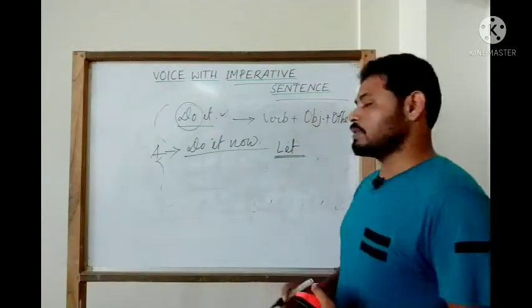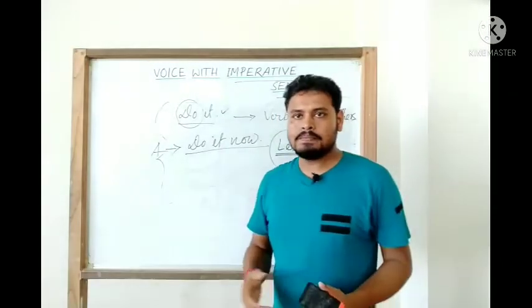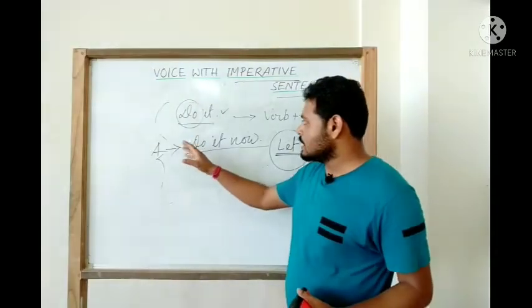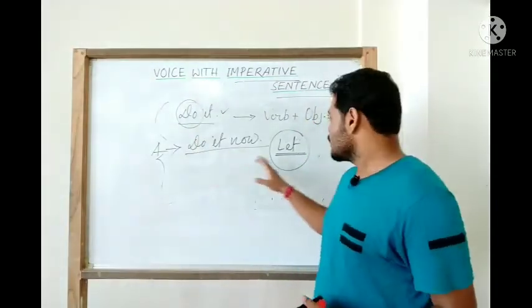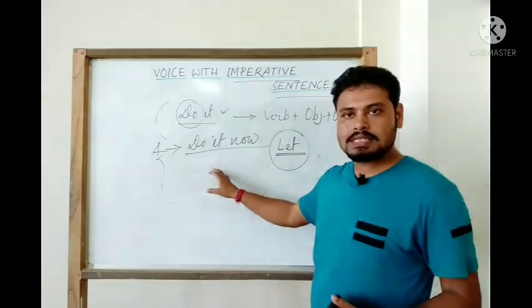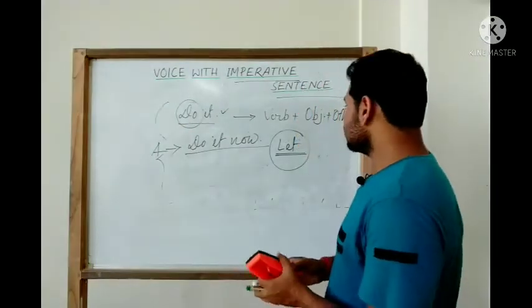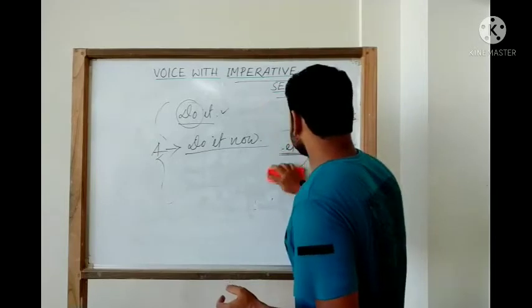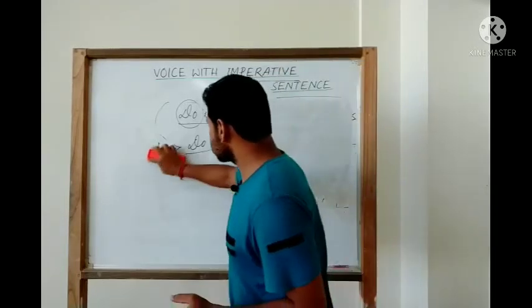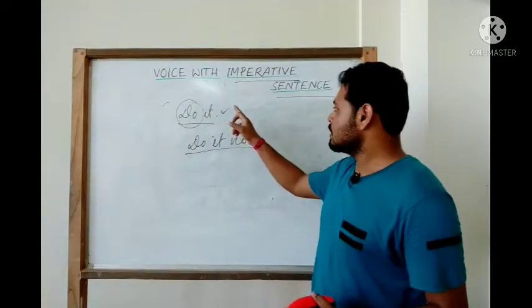This we have to remember. We have to use let with this. So this type of imperative sentences, while changing from active to passive, we have to use a let with it. So let us change these two sentences and then we will go to the structures of these sentences. The first one, it is with us, do it. You see, in this particular imperative sentence, we have a verb with which it starts and an object.